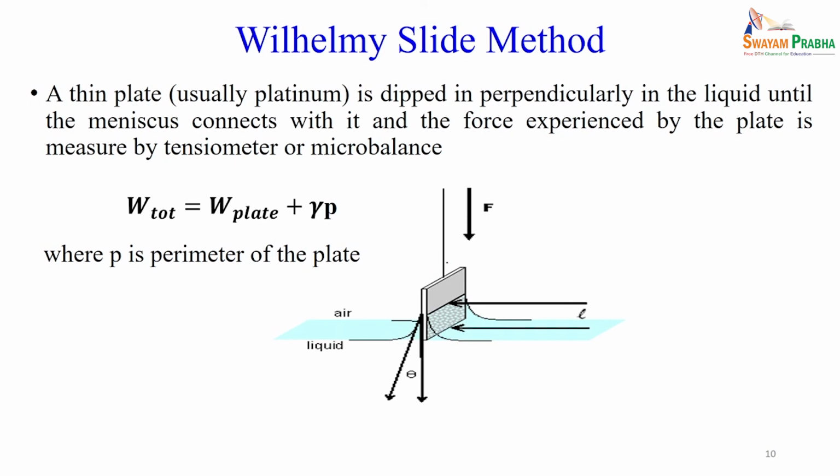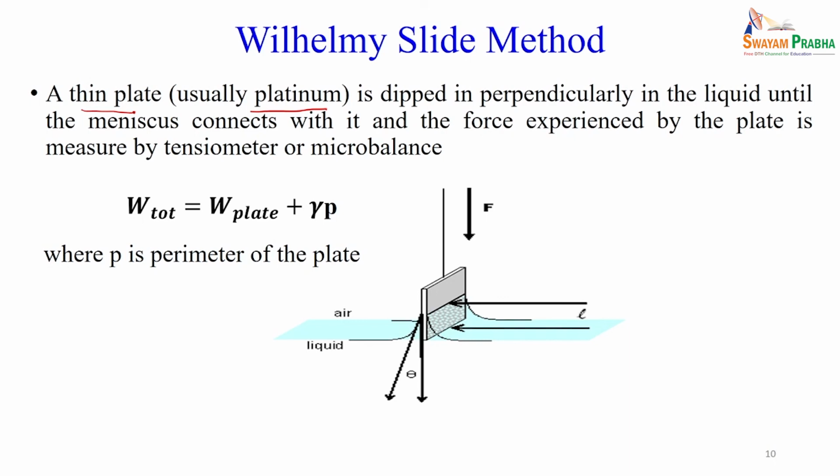This is a liquid, you are having a plate here. So, that is known as the Wilhelmy slide method or Wilhelmy plate method. So, here we are having a thin plate, and again the material of the plate should be inert and light. So, we mostly use platinum materials.